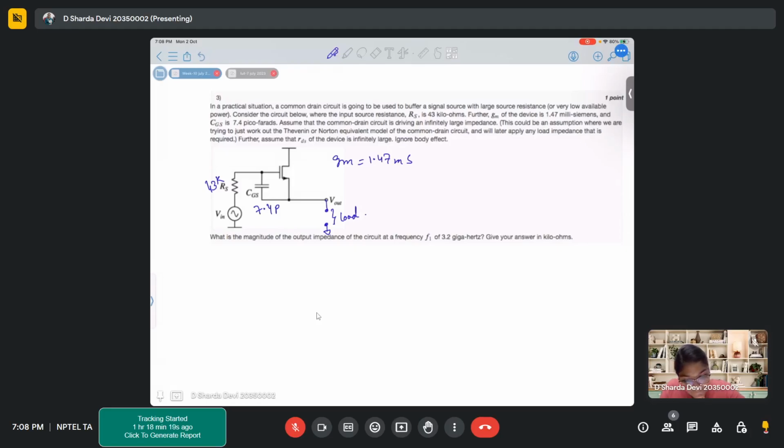Now further assume that RDS of the device is also infinitely large, making GDS equal to 0. Now ignore the body effect. So what is the magnitude of output impedance of the circuit at a given frequency of 3.2 gigahertz?